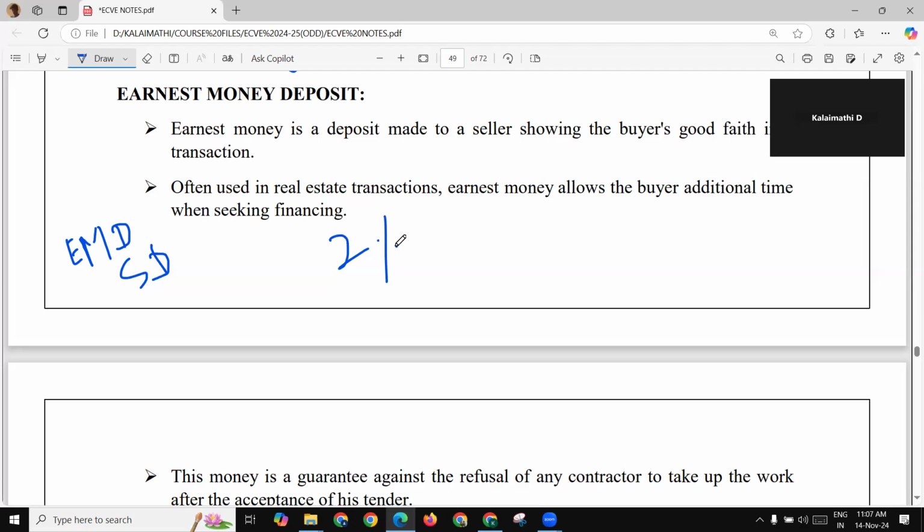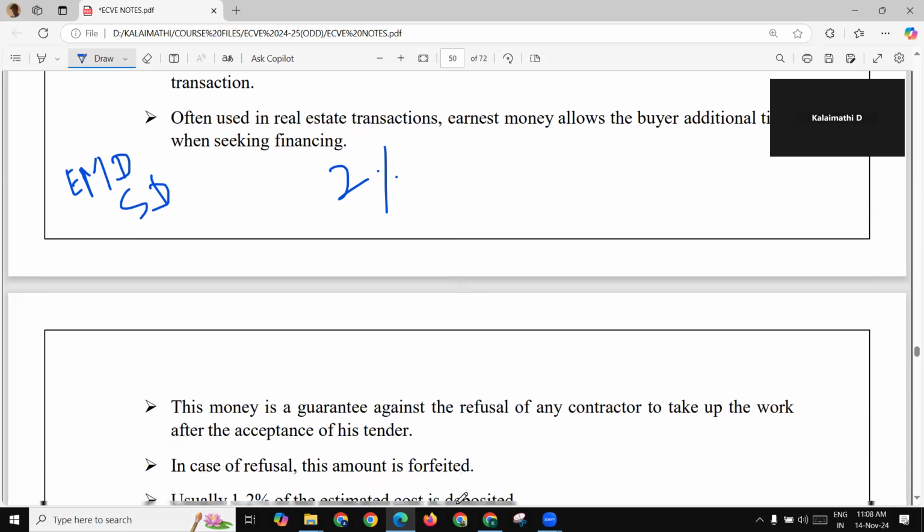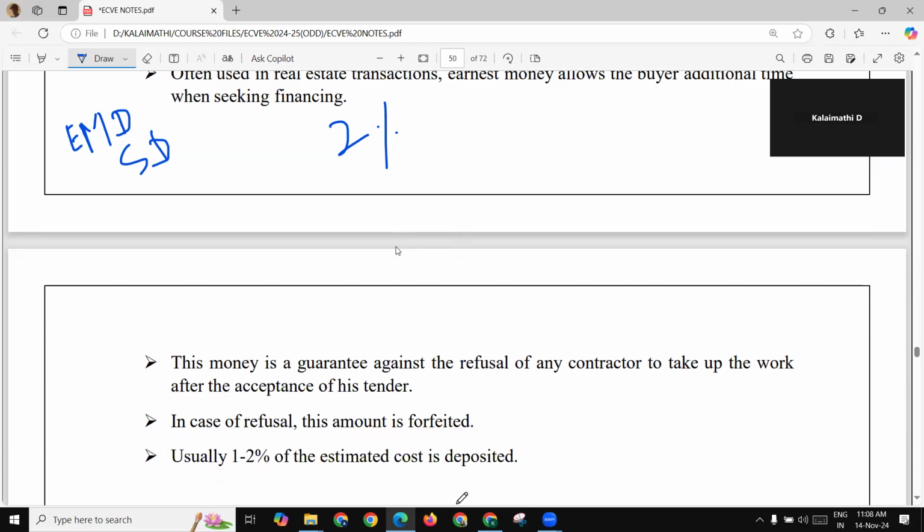If the lowest quoted contractor refuses to take up the work, his EMD will be forfeited by the client. This amount will, to some extent, compensate for the loss suffered by the client since he has to offer the job to the second lowest tenderer.